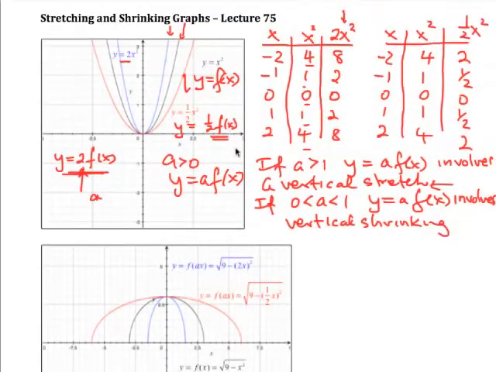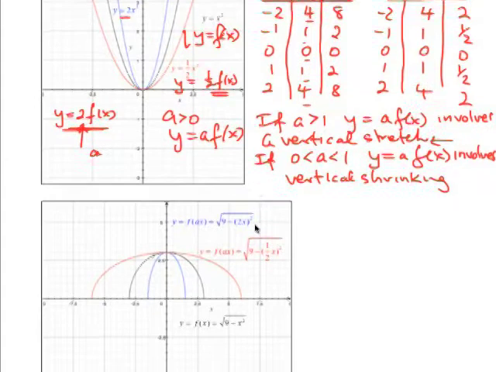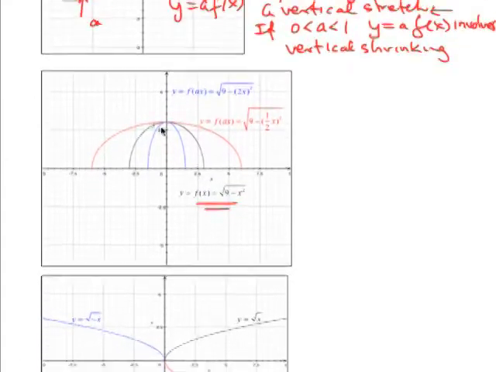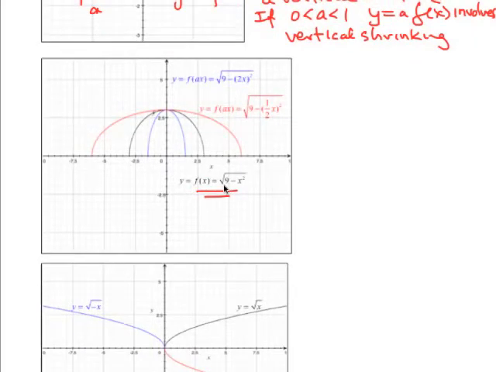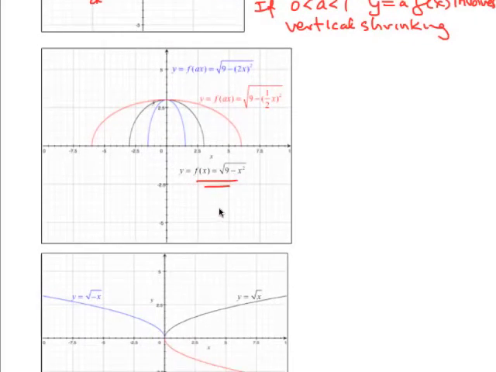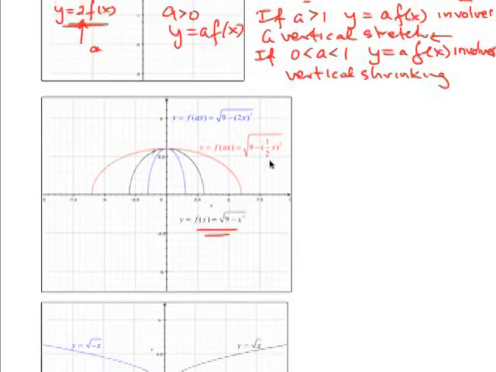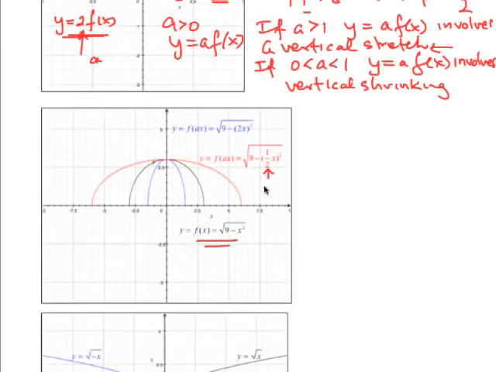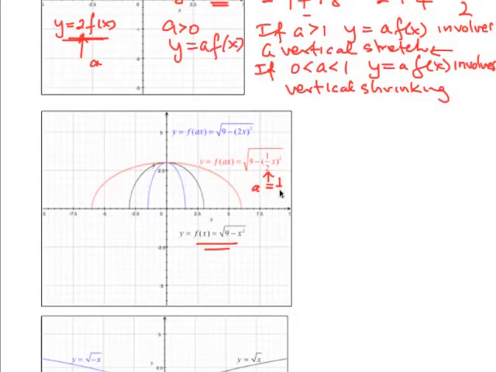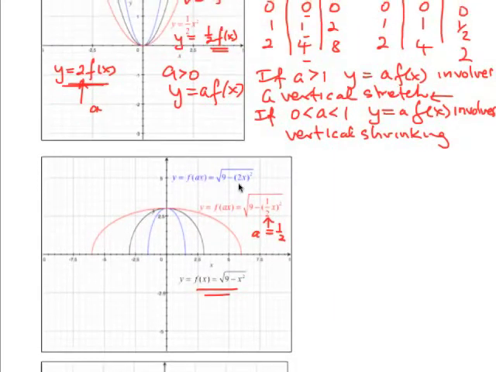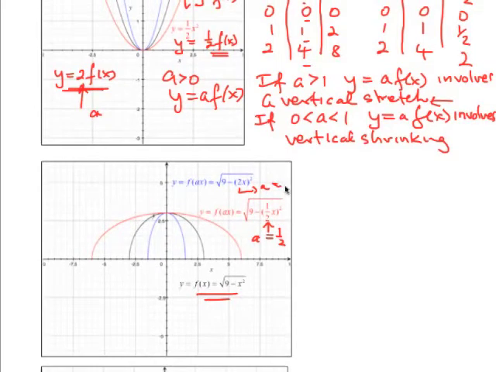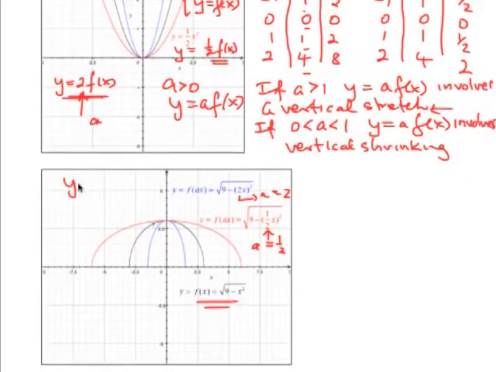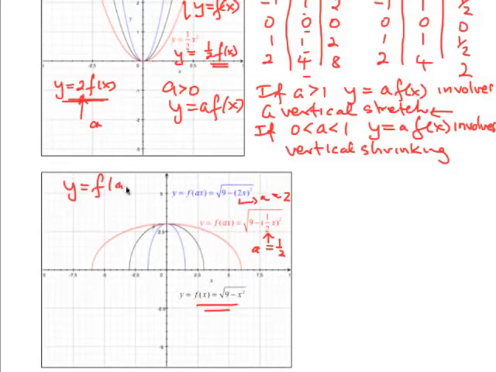But the next one we want to look at is what happens if we now have the number in front of the x before we apply the function. So in this case here, our function I'm going to use is this half circle here, and you'll see that's the square root of 9 minus x squared. Now notice here that if we put an a in front of the x, like in this case here, a is a half, and in this case here, a was 2, what we're looking at is two situations. We're looking at this one where y is equal to f of ax.